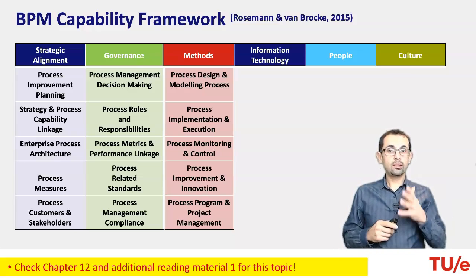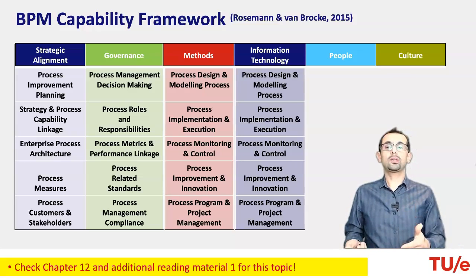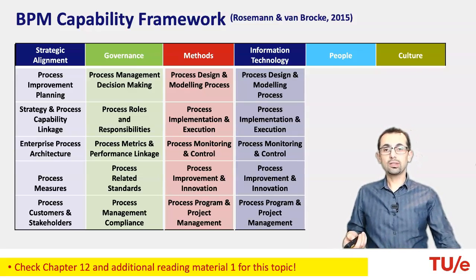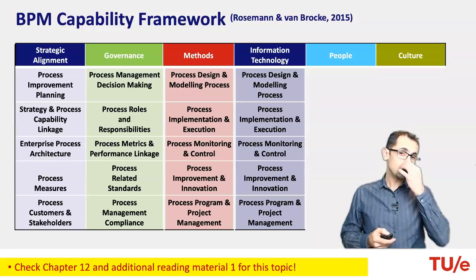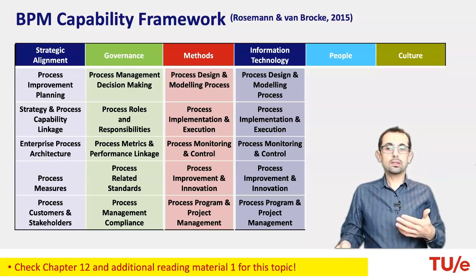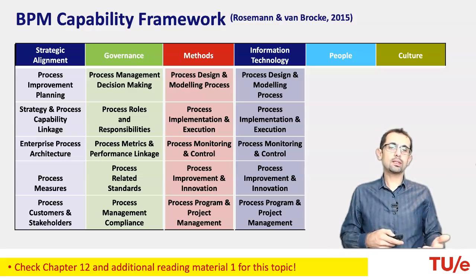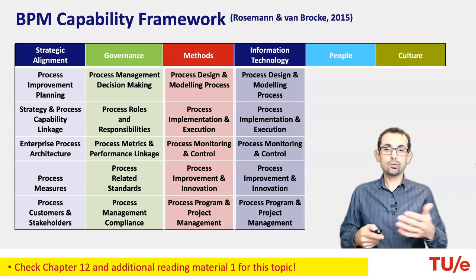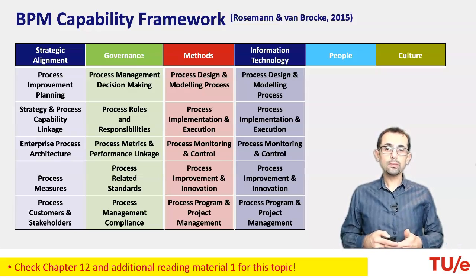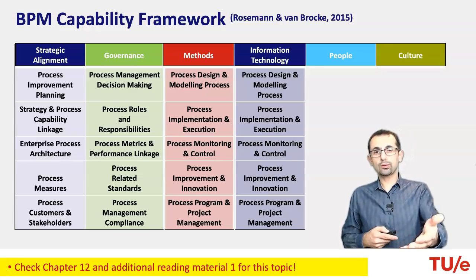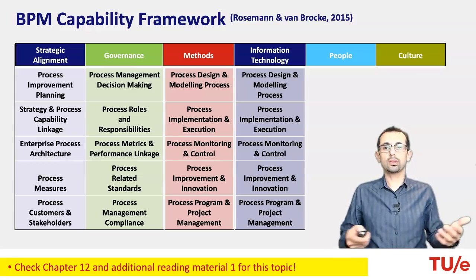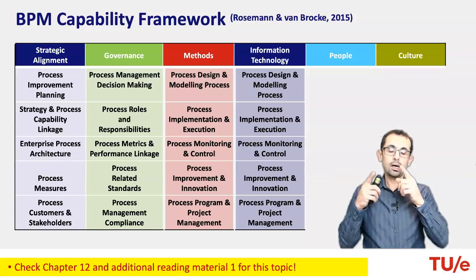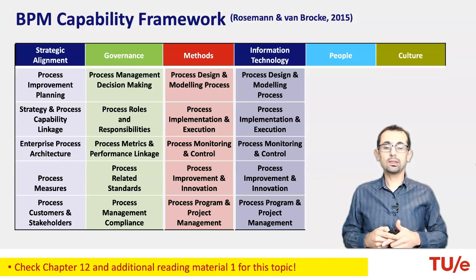Methods and information technology, because the same goes for the information technology. These capabilities are related to the use of the appropriate IT applications, information technology applications. It's not just knowing the methods and techniques, but you also have to know how to use the corresponding or required or associated IT tools. You know how to use process mining, but you also need to know how to use a process mining tool, basically. That's also why the capabilities regarding the methods and ITs are named in the same way in this framework.